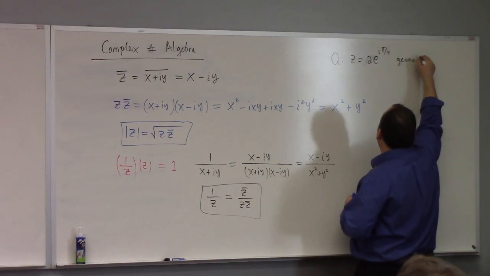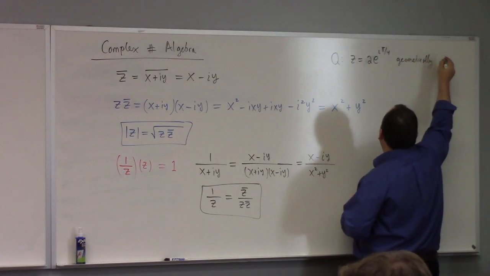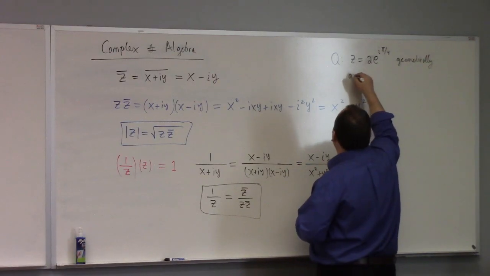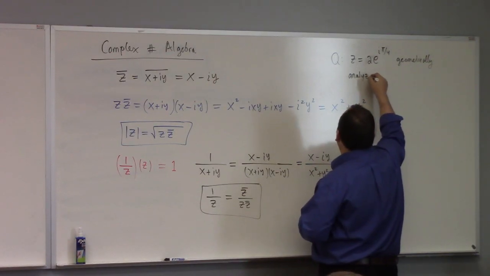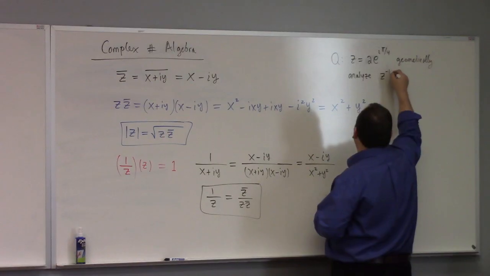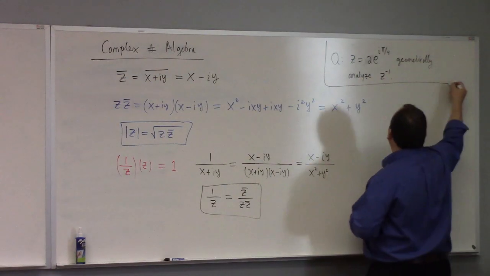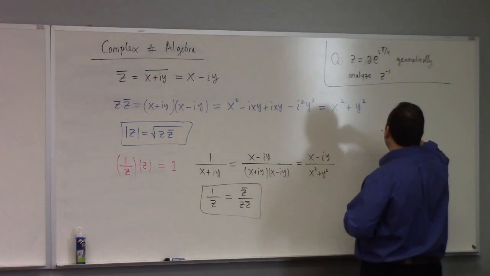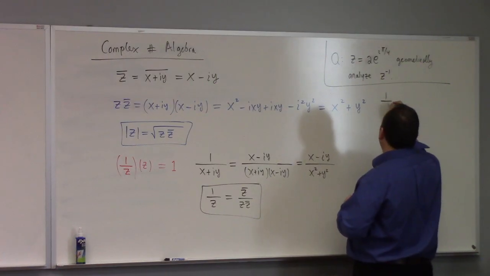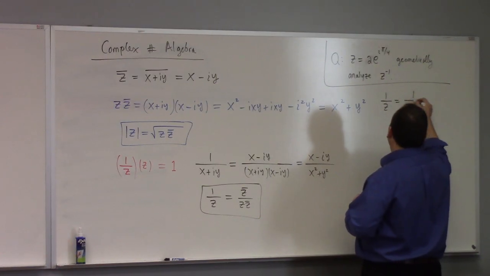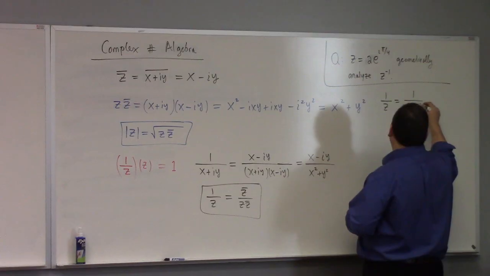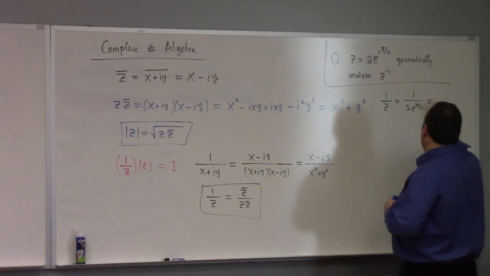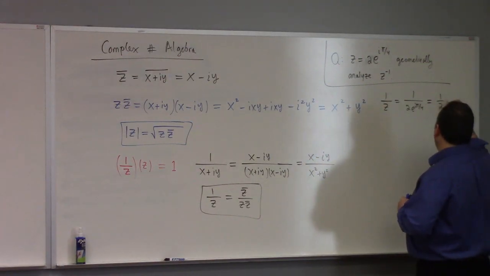Geometrically, analyze z inverse. Right? So 1 over z, 1 over 2 e to the I pi over 4 is equal to actually 1/2 e to the minus I pi over 4.